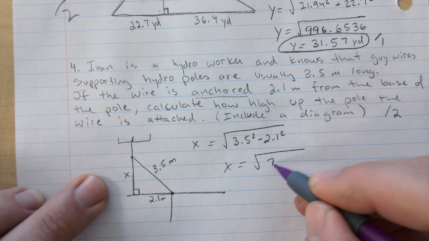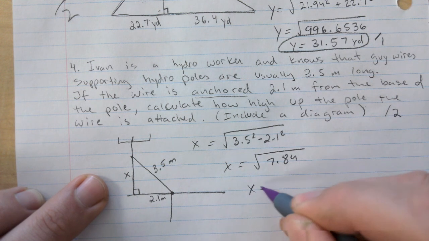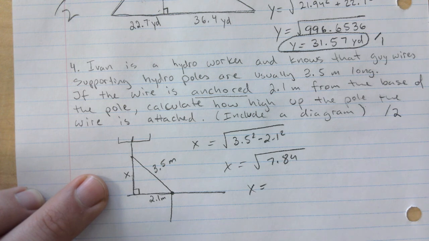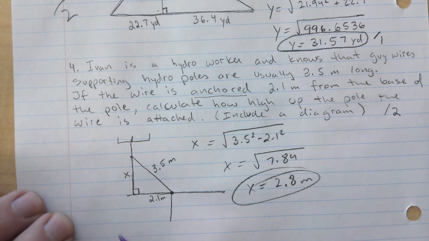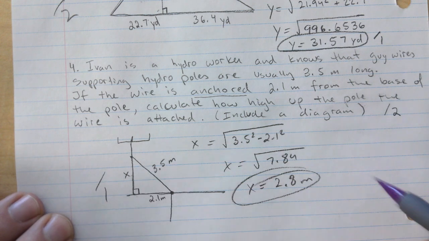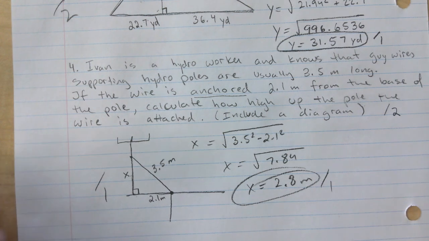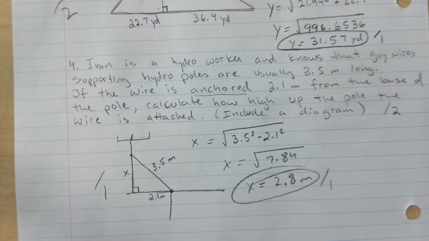And that's 7.84. So we got 2.8 meters. And so I would give you 1 mark for the correct diagram, 1 mark for the work. So if the diagram is off, you would probably still get 1 mark for the work if it's consistent. Okay? Now let's see where we're at.